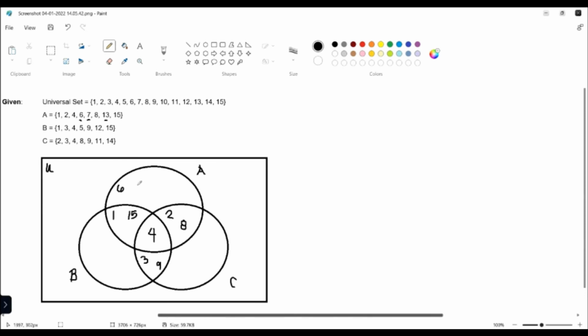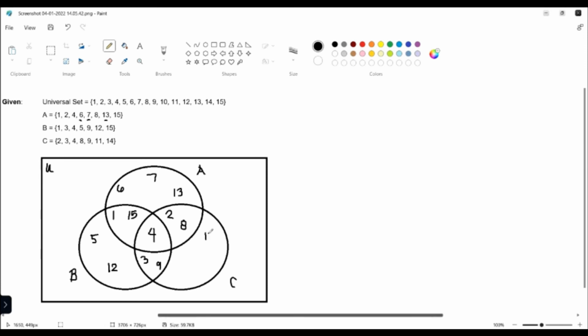So 6, 7, 13. Letter B. What are the unique elements of B? 5 and 12. What are the unique elements of C? 11 and 14 po. 11 and 14.